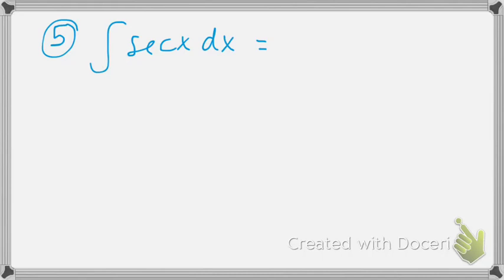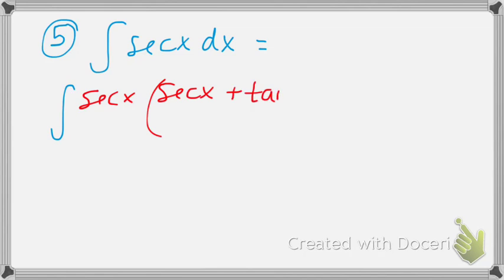Last one, which we have not talked about, is the integral of secant. This is not a common way to solve this problem. I want to show you where it comes from, but really I just want you to memorize the rule. Okay? So, very cleverly, what they do to solve this integral is they take secant and they multiply secant by secant of x plus tangent of x over secant of x plus tangent of x.